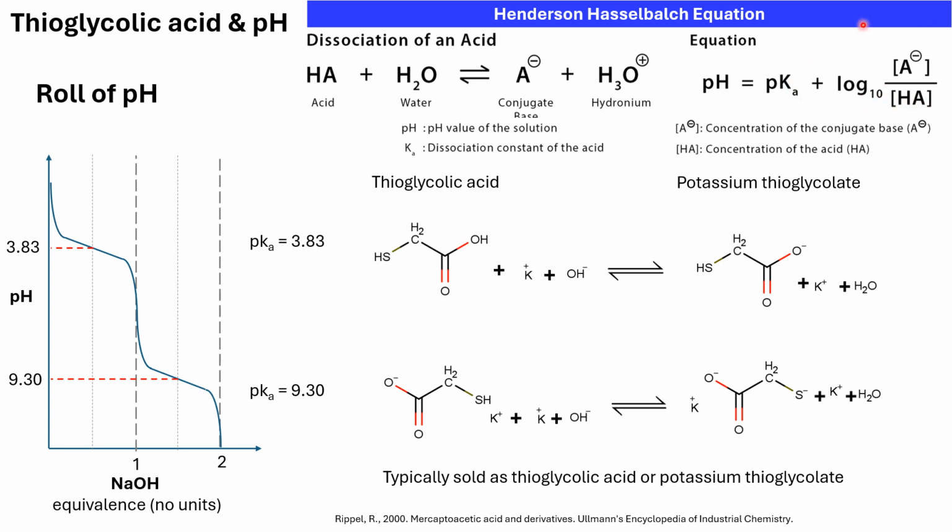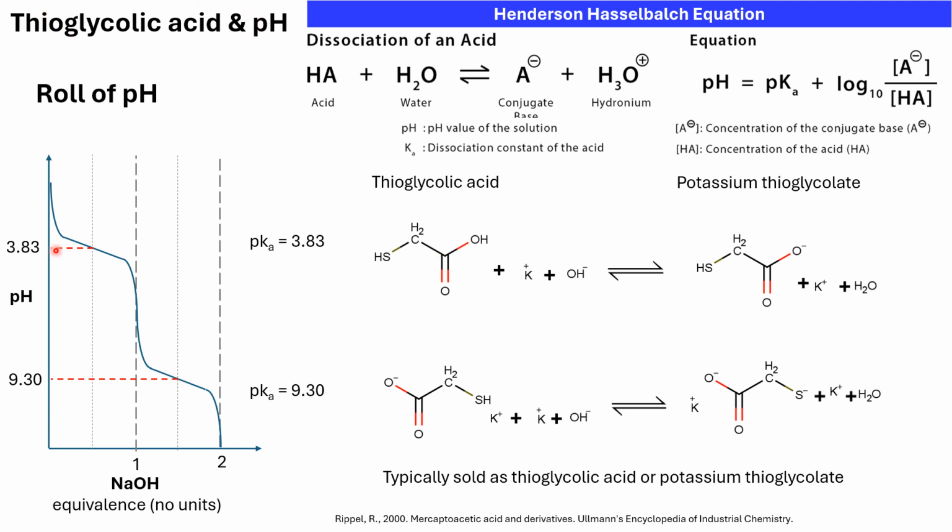If we take a log of that and then add it to what we call our pKa value, we can end up with the pH. So this allows us to predict what the pH will be for given concentrations, and what it means is that we know the state in which the thioglycolic acid will be in at a known pH.